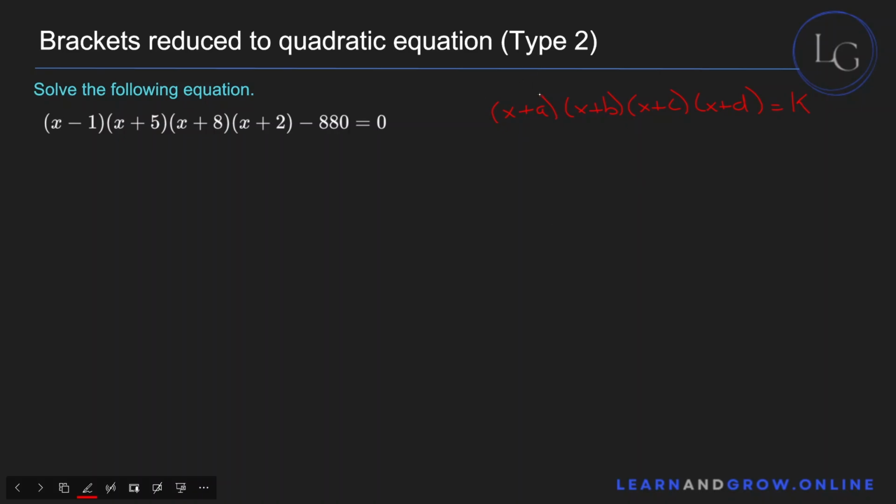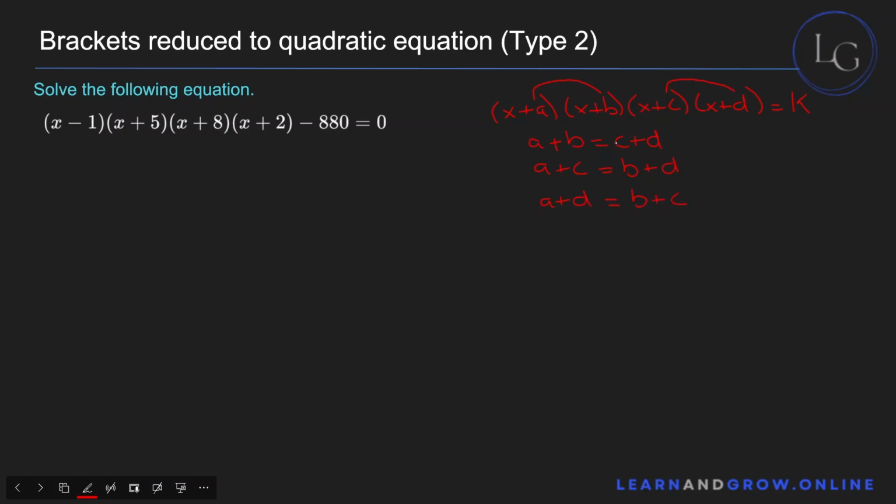The condition being that if you add up any two constants in the brackets, they must be equal. So a plus b must be equal to c plus d, or for example, a plus c must be equal to b plus d, or a plus d must be equal to b plus c.